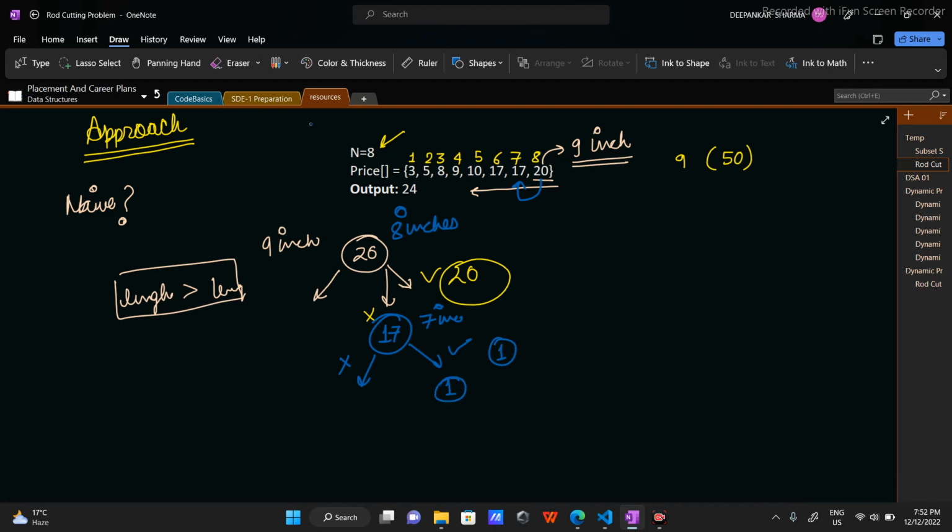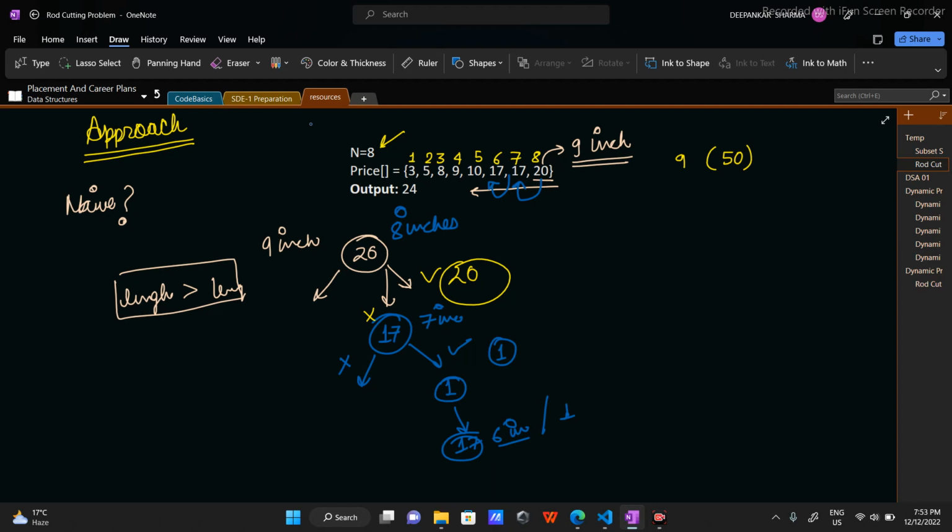Then I will check if I could include this. This is the node for the cost of 17 I will get, but this is 6 inches long, and what I am remaining with is 1 inch. How am I going to include a 6 inch piece when I am remaining with a piece of only 1 inch?